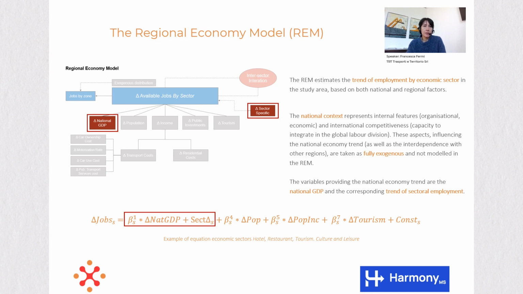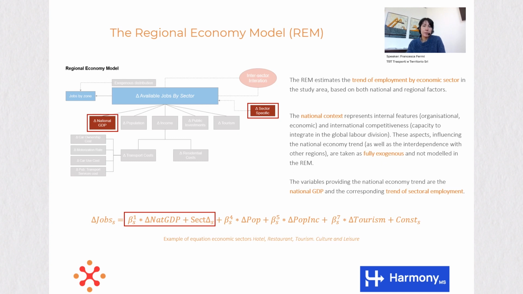The national context is considered to represent on one hand internal features and on the other hand international competitiveness. Both these aspects are influencing the national economy trend and the interdependence with other regions.